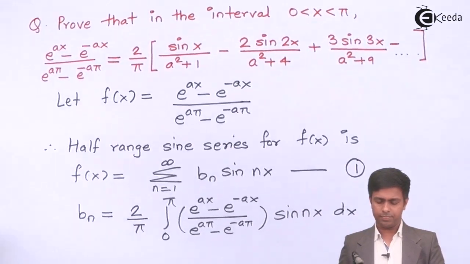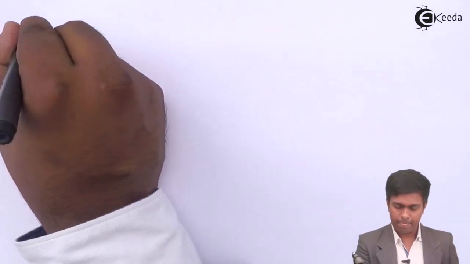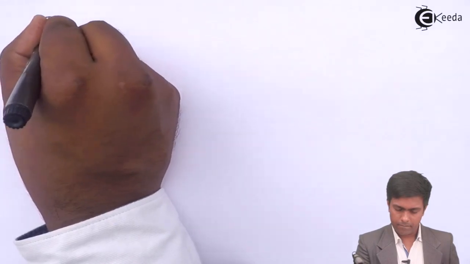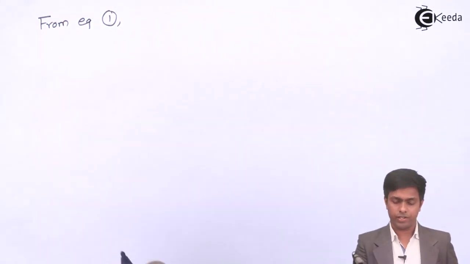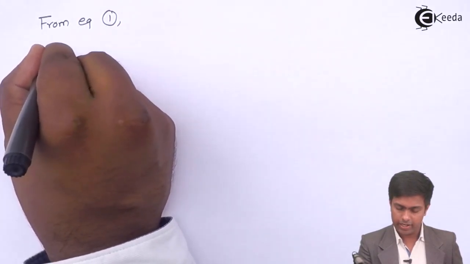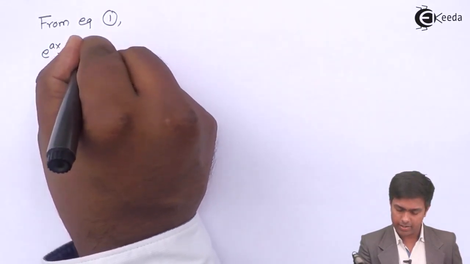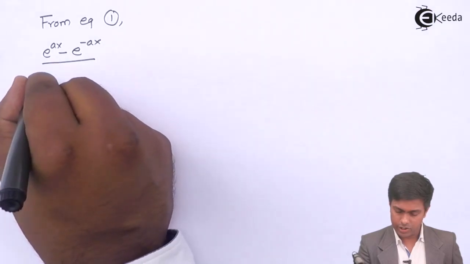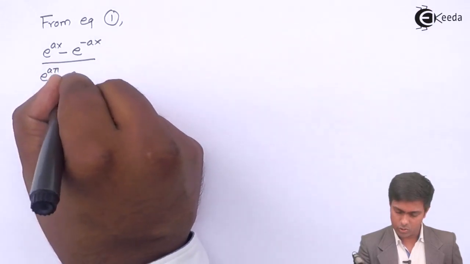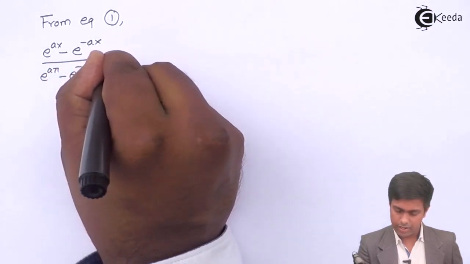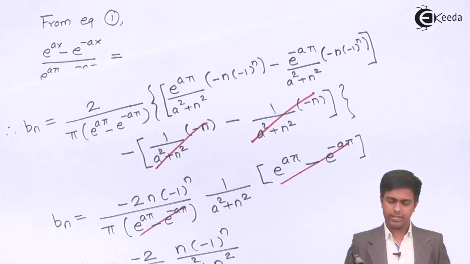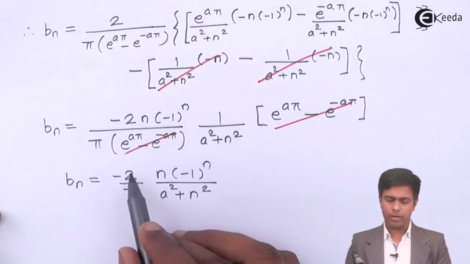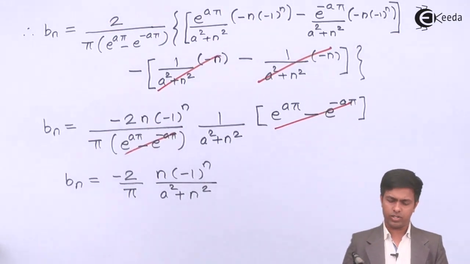So from equation number 1, the left hand side is f of x, which is e raised to ax minus e raised to minus ax upon e raised to a pi minus e raised to minus a pi, equal to, now the value of bn is this, in which minus 2 by pi is constant, so I will take it outside.